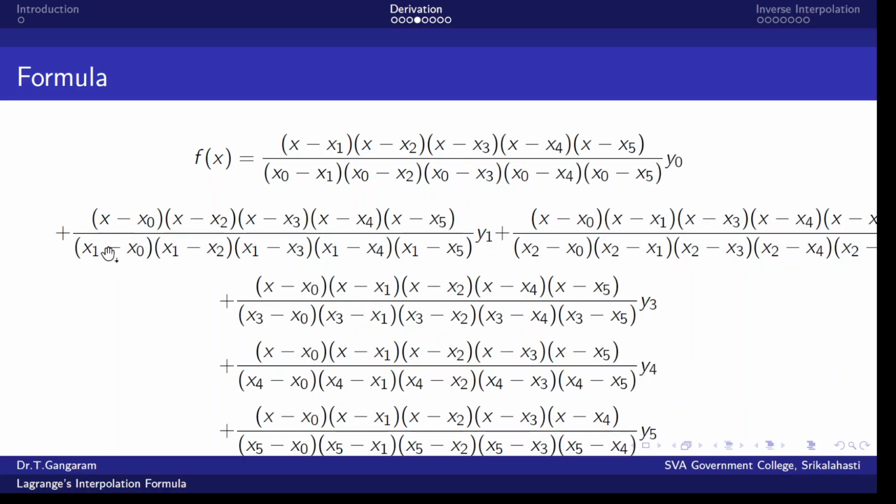Here we skip the x1 term in the next term, divided by (x1 minus x0) and so on, into y1. Similarly there are y2, y3, y4, y5 terms, each skipping its own x term. So this is the Lagrange's interpolation formula.